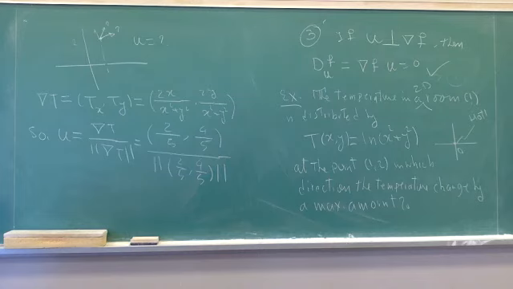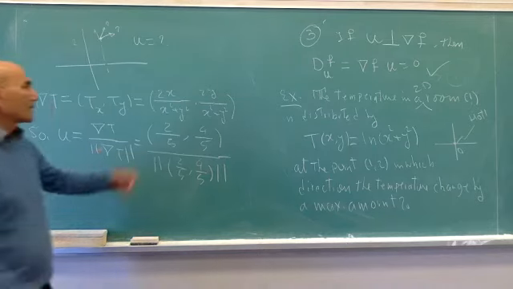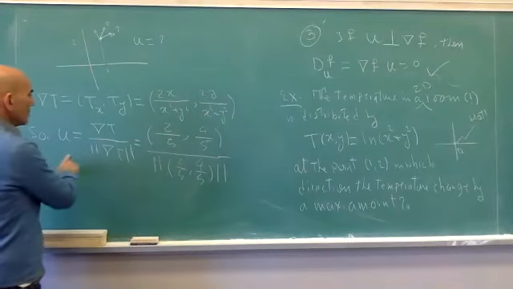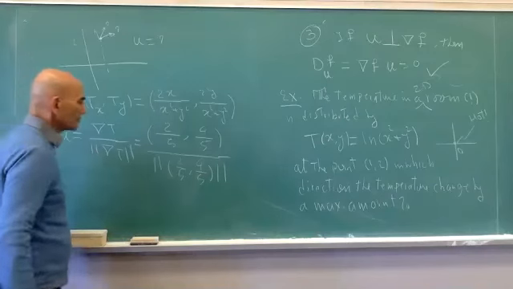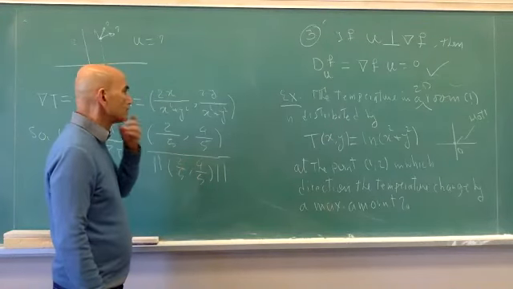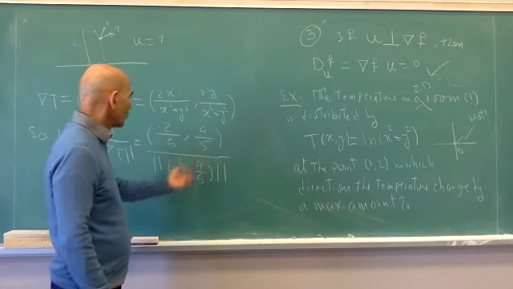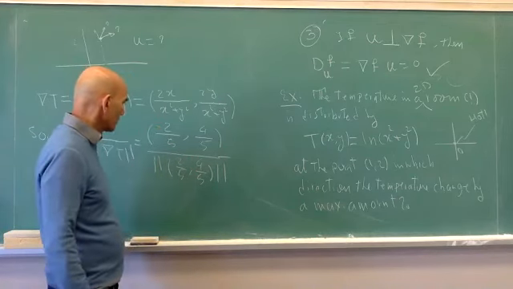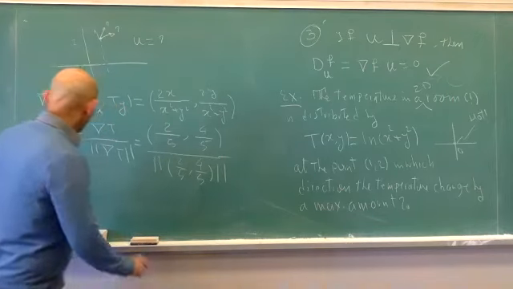We computed the gradient. This is (Tx, Ty). This is correct. And u, the maximum rate of change, is obtained along this line. Okay, so 2 over 5, 4 over 5, and we have to compute this number. That's not bad. So what is this?